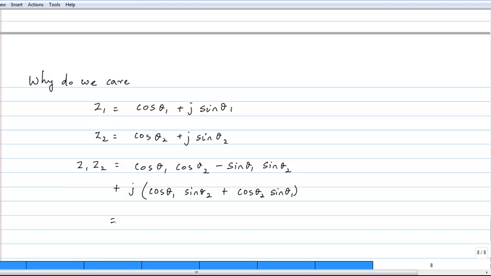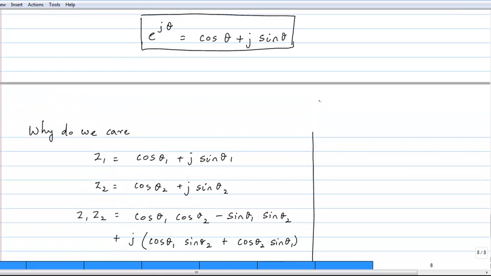Or you use Euler's identity, which says that z1 is e raised to j theta 1 and z2 is e raised to j theta 2.